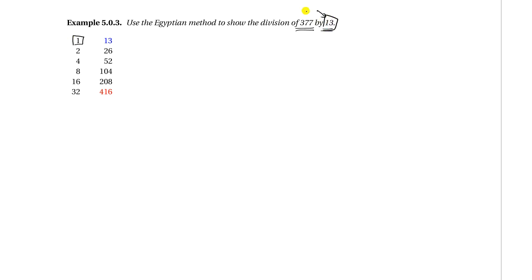So 1 and 13. Then still using the same doubling method. So 2 matching 26, and keep doing it. 4, 8, 16, 32 until we hit that number. The dividend 377 is between two numbers on the second column.